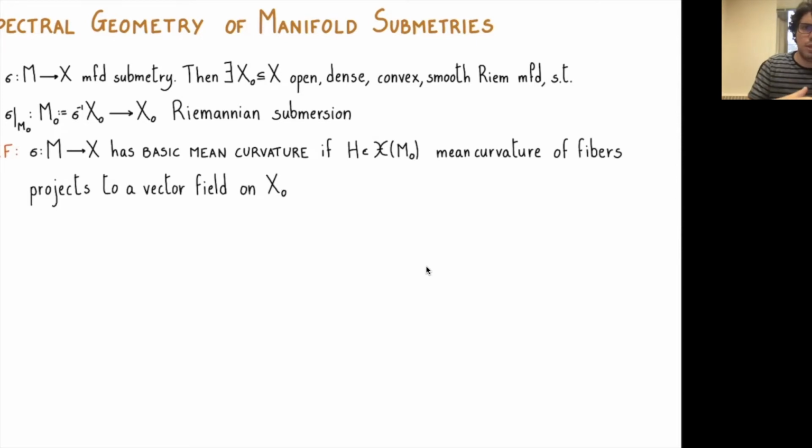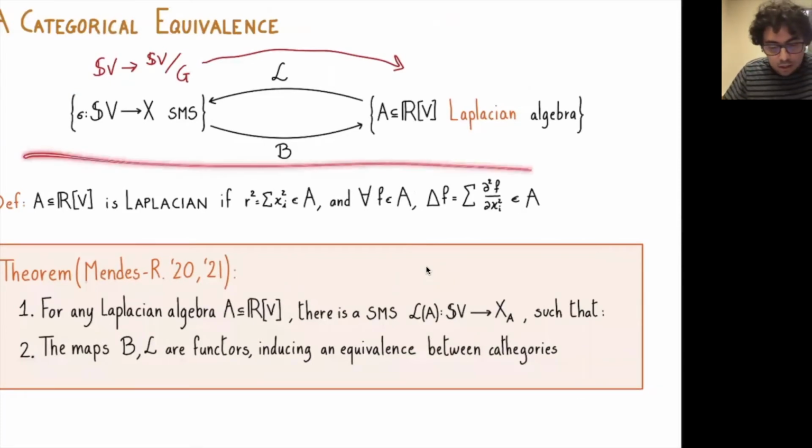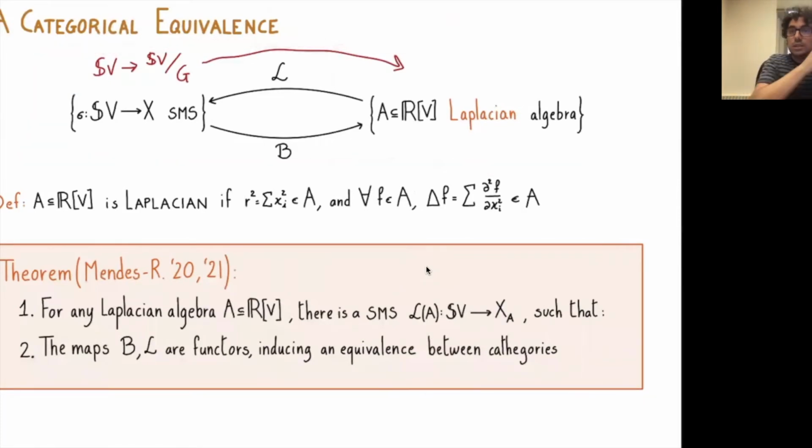By the way, when we talk about invariant theory without groups, what we are referring to is the study of the geometric properties of spherical manifold symmetries via the study of the corresponding Laplacian algebra. This is the area in which we move.